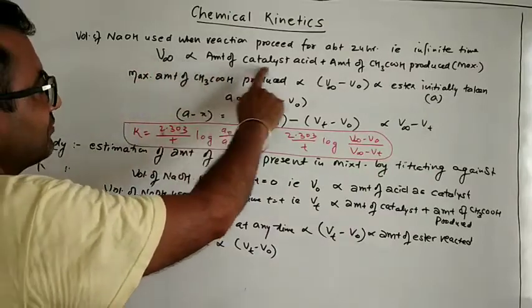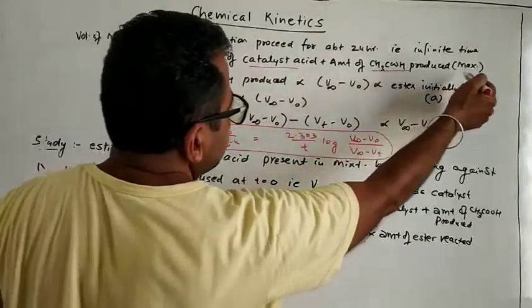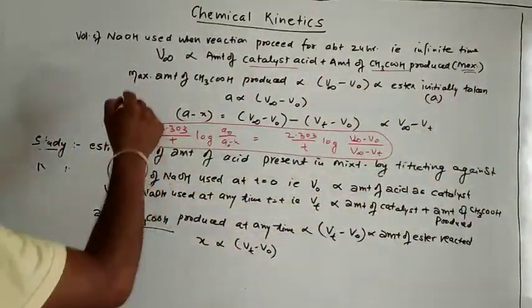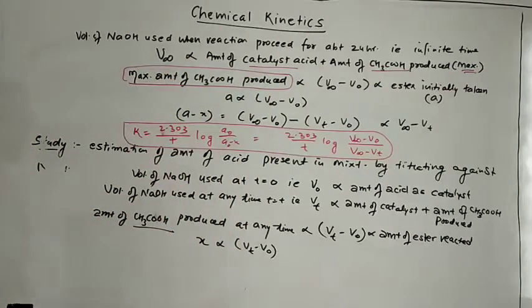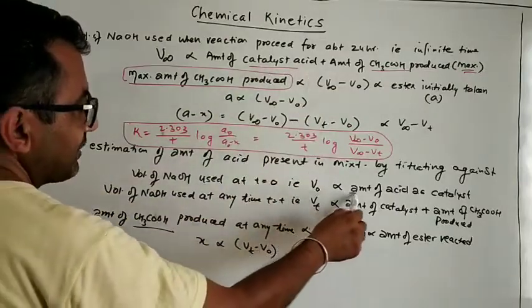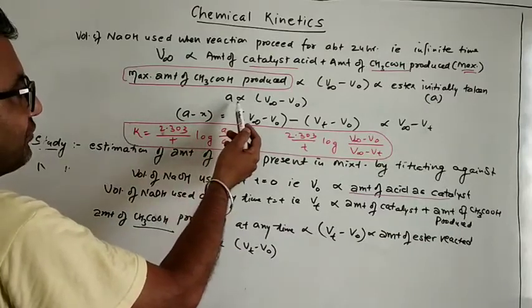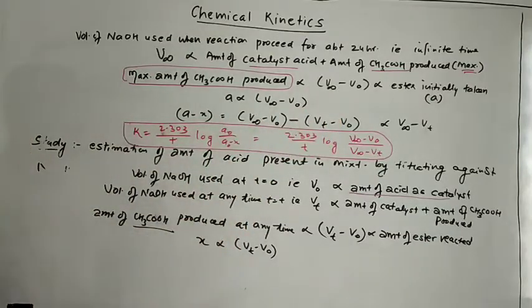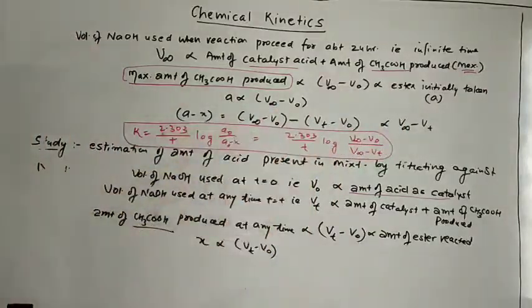That is directly proportional to amount of catalyst पहले था जो एसिड और मैक्सिमम अमाउंट, अब इसकी जो अमाउंट है वो मैक्सिमम होगी. तो मैक्सिमम अमाउंट ऑफ एसिटिक एसिड प्रोड्यूस्ड दैट इज डायरेक्टली प्रोपोर्शनल टू V infinity minus V0. V0 क्या है? अमाउंट ऑफ एसिटिक एसिड जो पहले से प्रेजेंट था, जो यहाँ पे लिखा है एसिटिक एसिड कैटालिस्ट. तो a directly a क्यों? बिकॉज जितना मैक्सिमम अमाउंट ऑफ एसिटिक एसिड जो प्रोड्यूस होगा रिएक्शन में दैट इज डायरेक्टली प्रोपोर्शनल टू जितना हमने एस्टर लिया था. तो दैट एस्टर की इनिशियल कंसंट्रेशन a is directly proportional to V infinity minus V0.